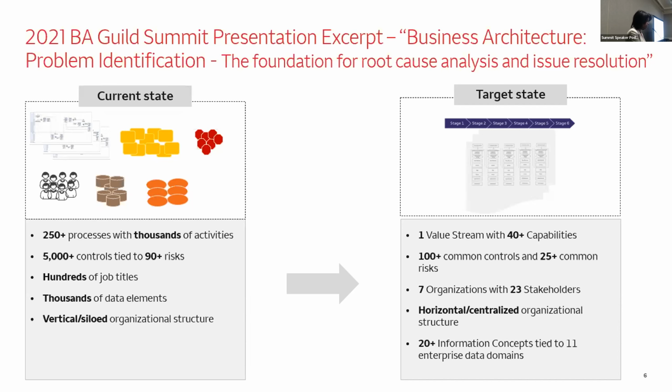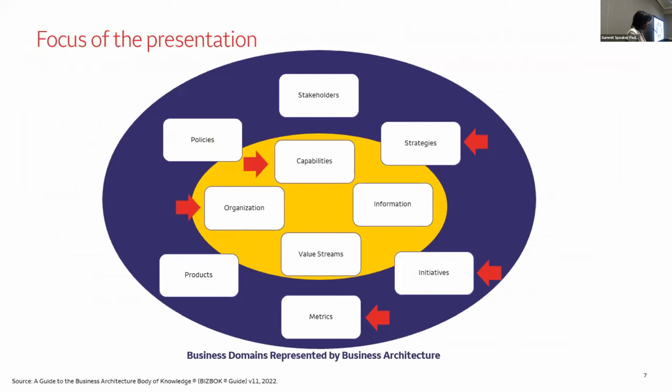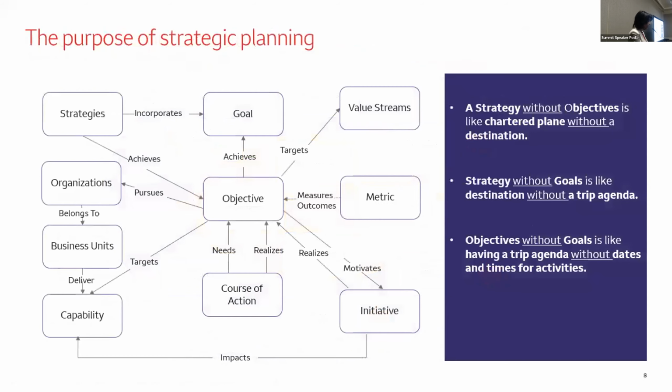So today I'm going to focus mainly on capabilities, organization, initiatives, metrics, and strategy. And I'm going to take you through my journey of how we were able to ensure that what we are building is going to achieve the outcomes. I'm sure you all recognize these various components or domains and the relationship between each one of them.